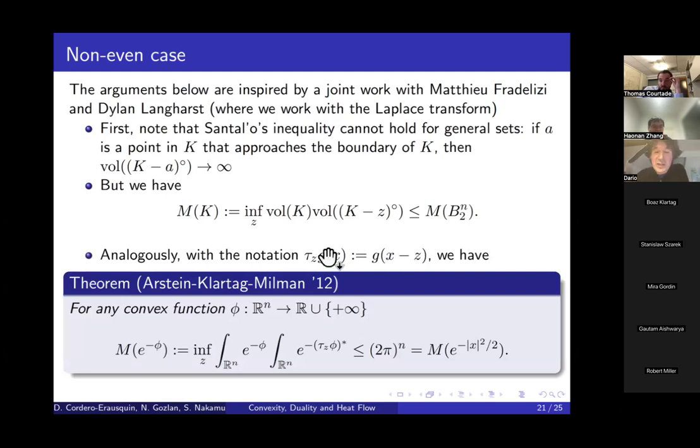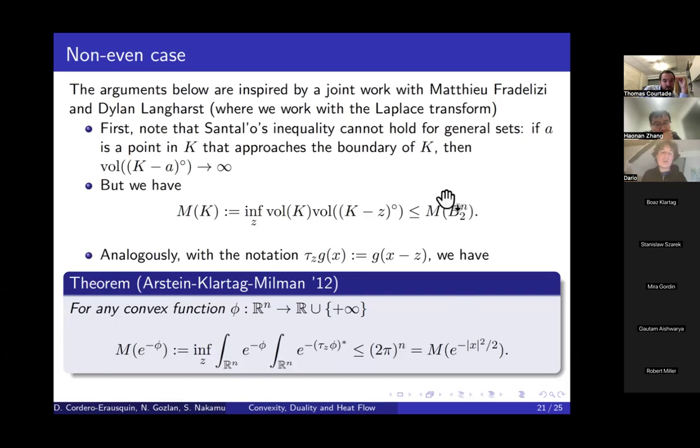So if I call T_z g the translate of the function g, and I take the infimum, of course here it's invariant under translation, but here I translate phi, and then I take the Legendre transform. And then this is again maximized by Gaussians. And this was observed by Artstein, Klartag, and Milman using the geometric inequality.